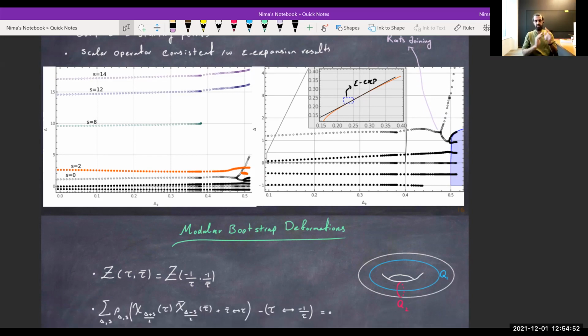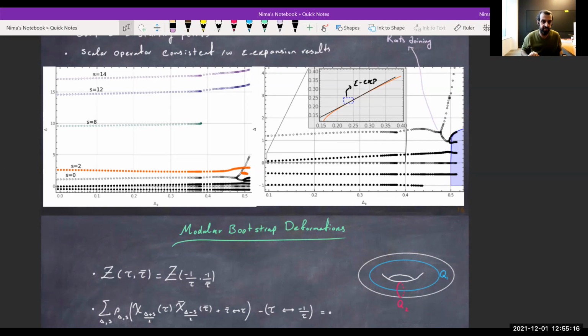For example, for the simple case of the Ising island, you consider some mixed correlator. There are more parameters that you need, but the same principles apply. You're just optimizing some Lagrangian. And the reason you might want to do this, besides deformation and other parameters, is that this is orders of magnitude faster.